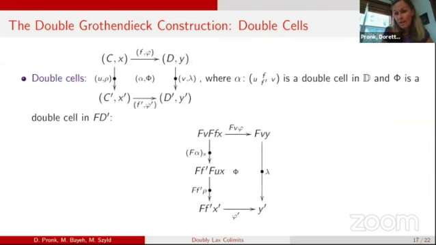For double cells, we also have to work, of course, with pairs again: a double cell in the indexing category together with the double cell that we are going to make in FD primed. And we take the same approach as you would have taken if you were doing this for a 2-category, except that in this case, in order to close up in the top left-hand corner, we need to use a component of F alpha sub X. So here's where we use the fact that F alpha is a vertical transformation, so that we have that component there.